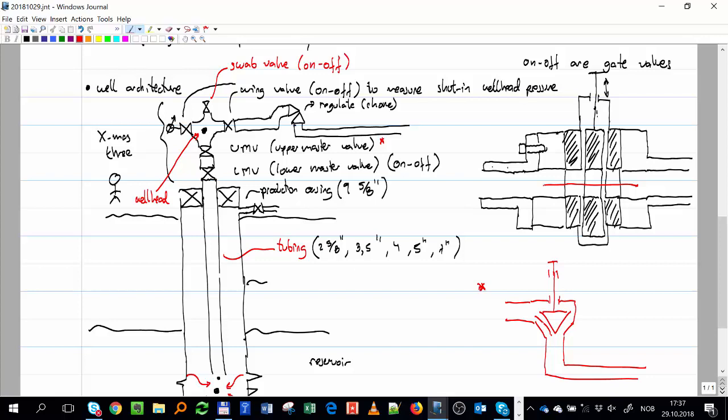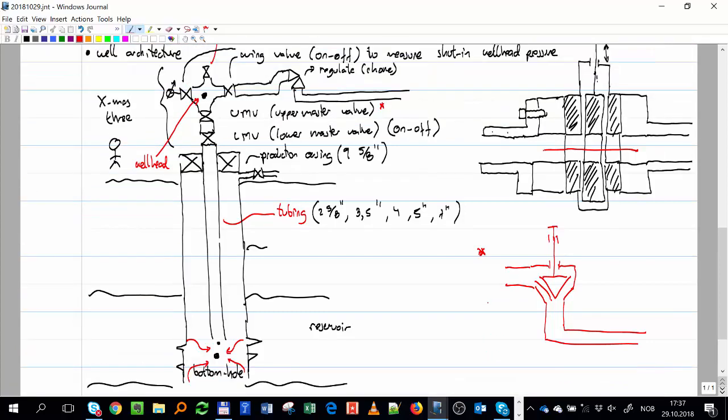Okay, so to be on the same page, that's where we have the wellhead. We just care about the wellhead and the bottom hole, but there are some very important reasons to have so many valves. These two are for redundancy, one automatic, one manual. These two are to measure wellhead pressure, which is something we want, these to control the rate, and this one to access the well. We cannot do with less. We have to live with all of these valves.